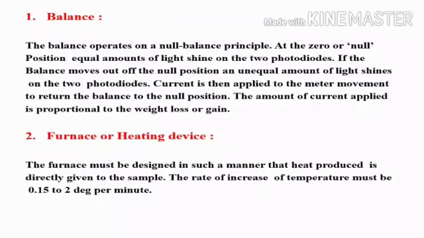The furnace must be designed in such a manner that heat produced is directly given to the sample. The rate of increase of temperature must be 0.15 to 2 degrees per minute. The heating should be done in such a manner so that the weighing system should not be affected.